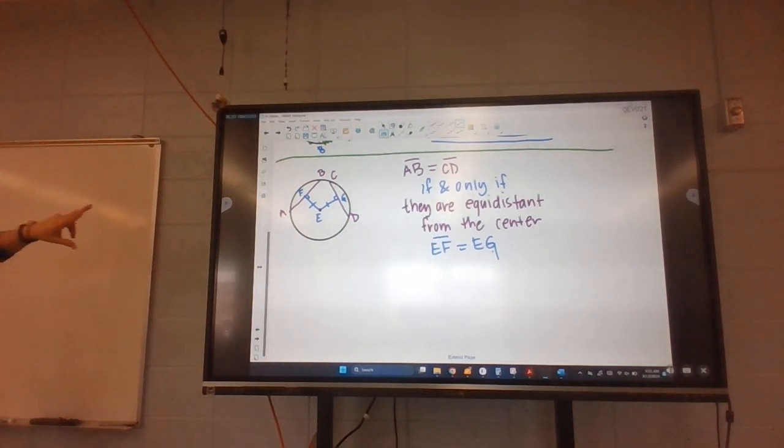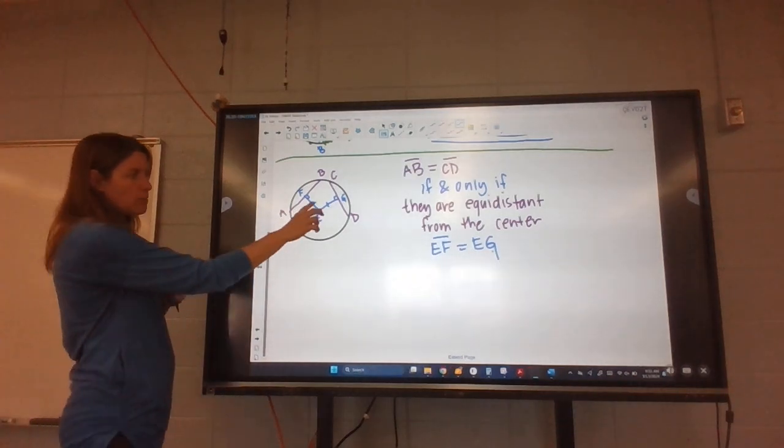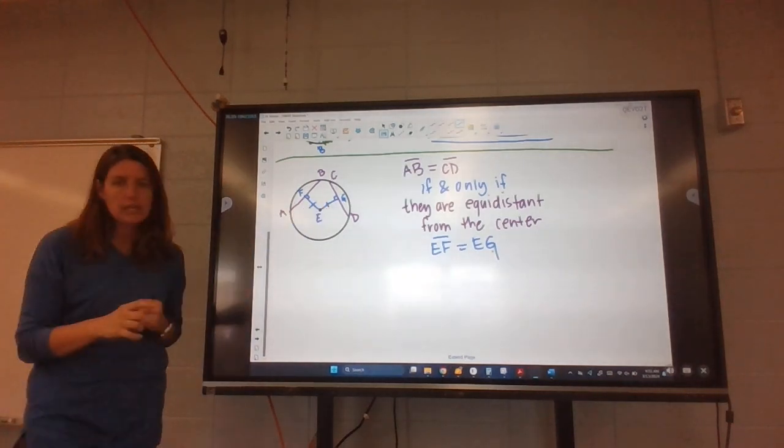I drew these little lines in to show you that they're the same distance from the center of the circle. So I wrote that EF is equal to EG.